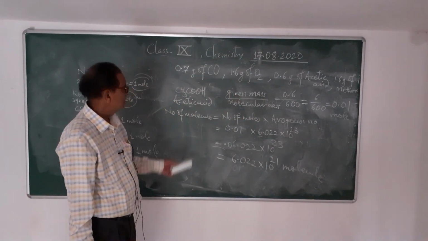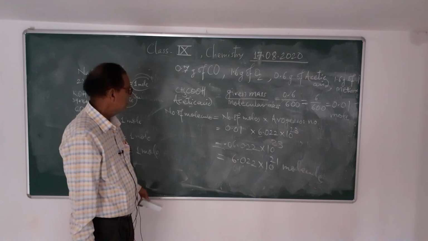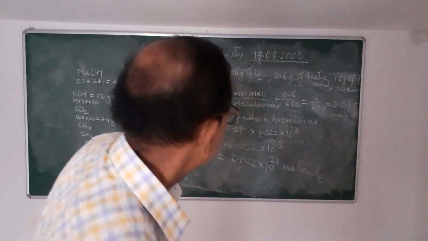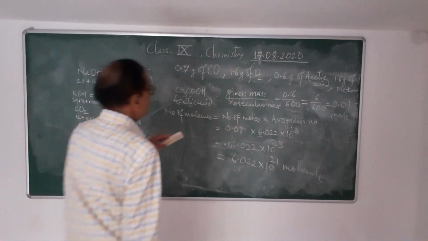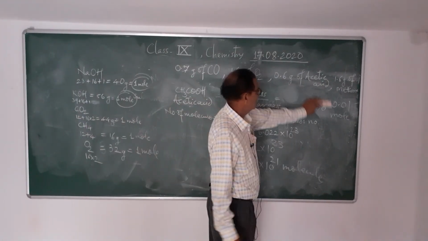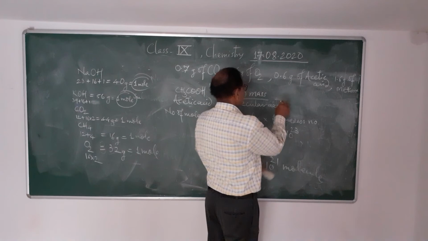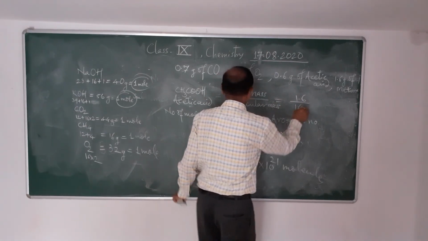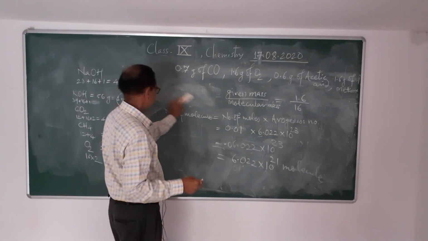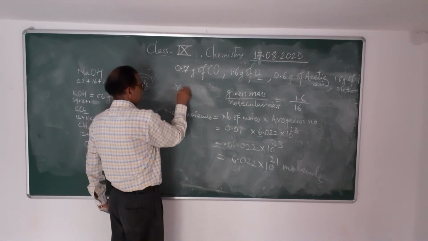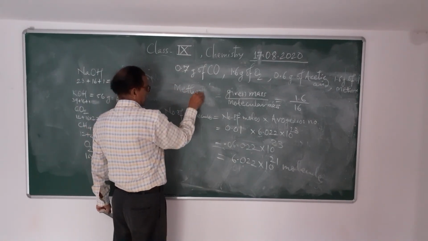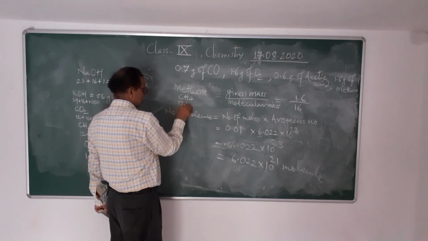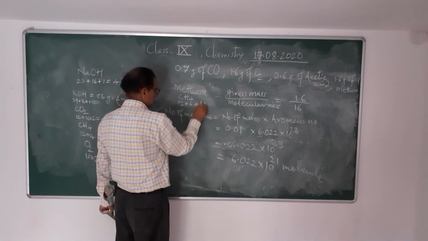And 1.6 gram of methane. Have you noted this? Now see the last part. 1.6 divided by 16. Here we are taking methane, CH4. 12 plus 4 is equal to 16.